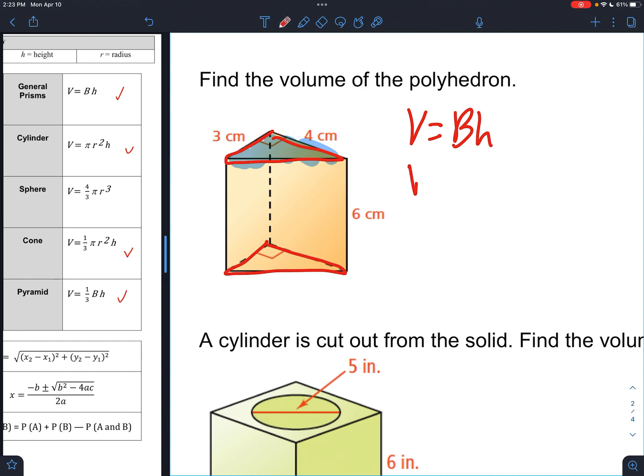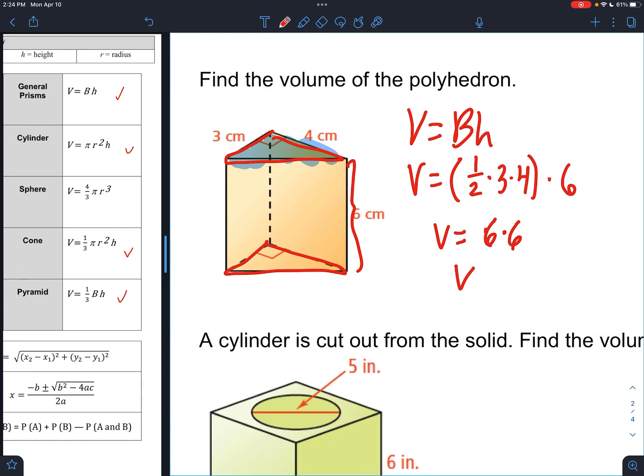But the area of a triangle is 1/2 base times height, little base, which, to avoid using the same variable, I can just put in the 3 and the 4, times h, which is 6. This is the height of the prism. So this is going to be 6 times 6, which is 36. And we put our units there as centimeters cubed.